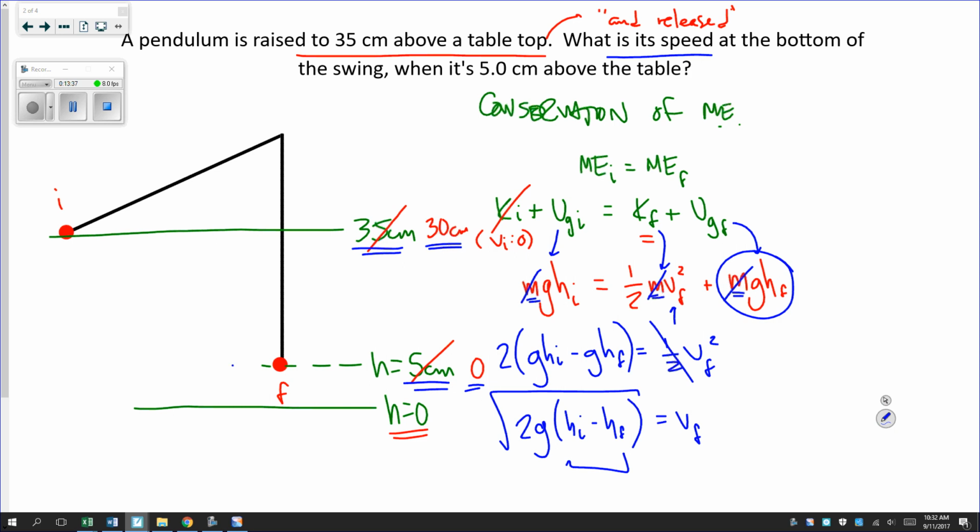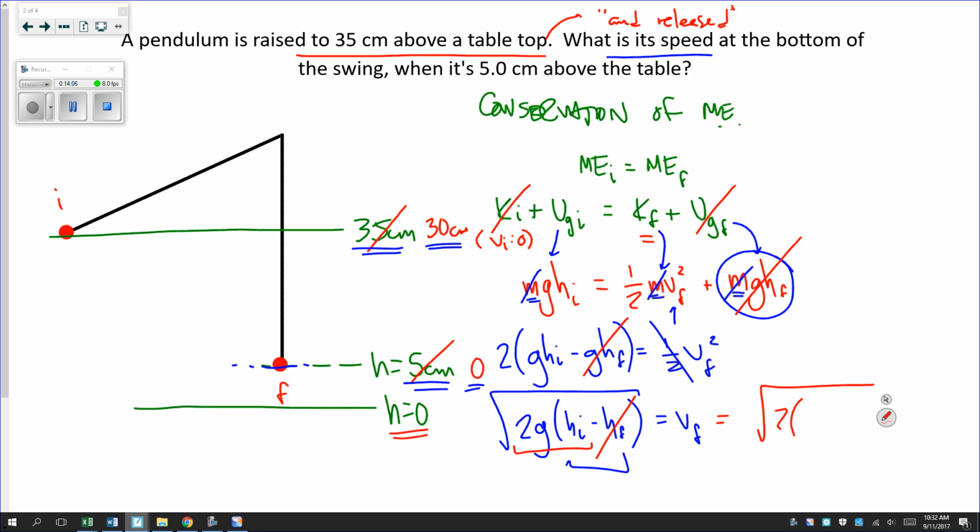It's more convenient for me to call this height 0, and what I probably would have done is, by calling the final height 0, I would have gotten rid of this whole term. I wouldn't have even had to do this. And those could be gone. And we just end up with this expression, as long as our initial height is measured relative to our final height. So that's going to be 2 times.